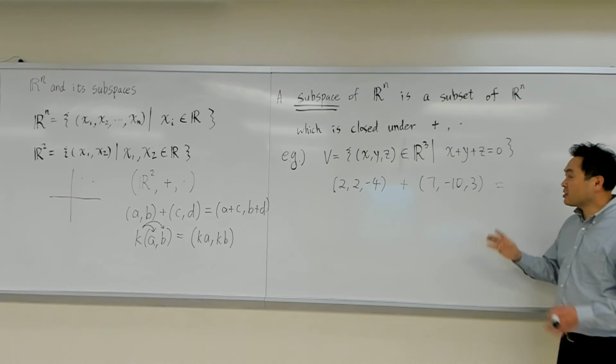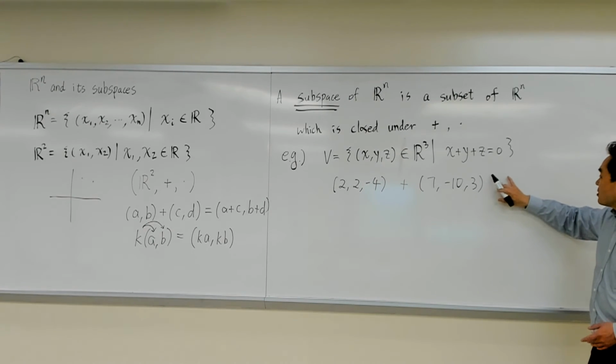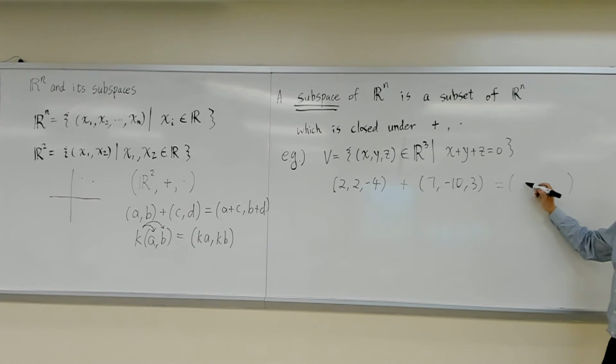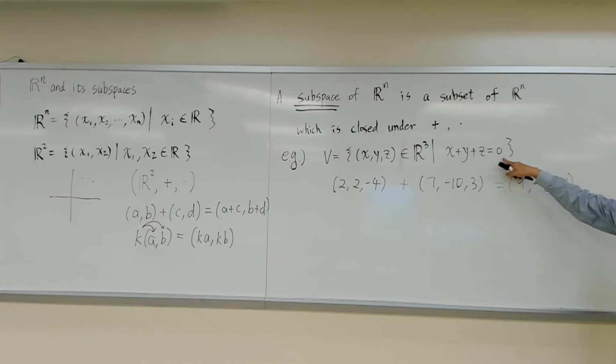Okay. Now let's do the addition. What's the vector addition? Tell me the answer. 9, -8, -1. Okay. Now, does this belong to V? Yes, because if you add these, you do get 0, right?